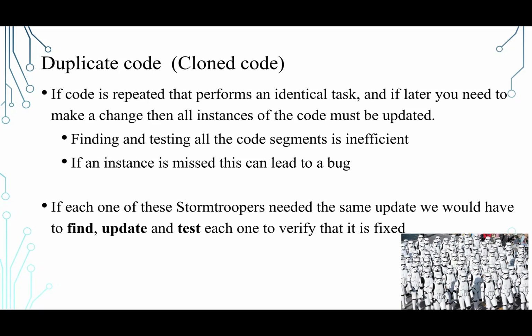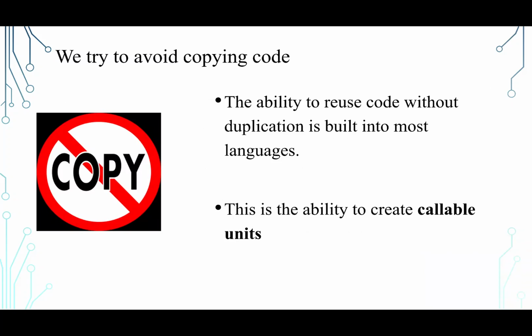So if each of these stormtroopers needed the same update, we would have to find, update, and test each one to verify that it is fixed. So we try to avoid copying code. This is what I wanted to say.